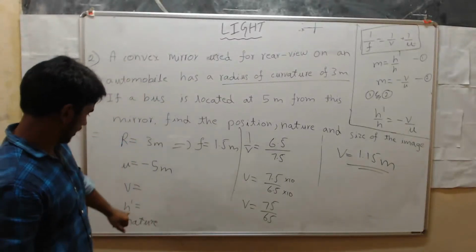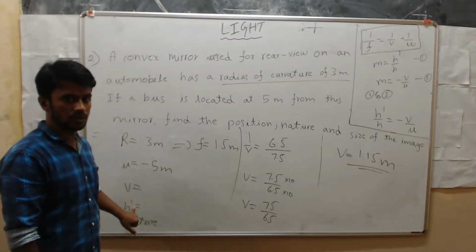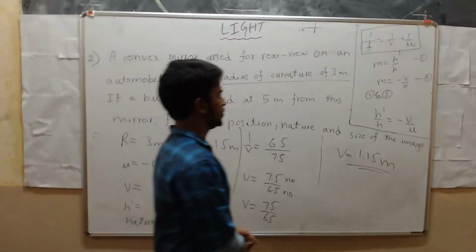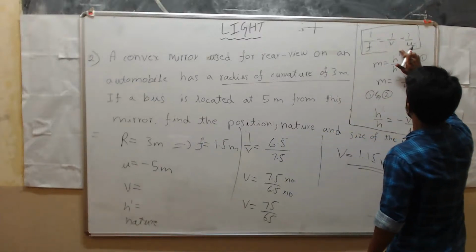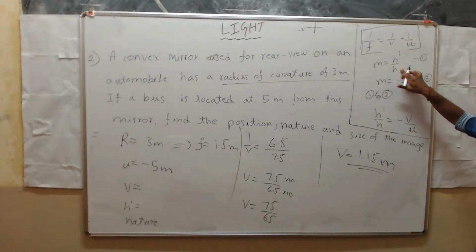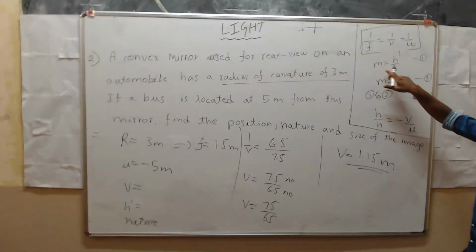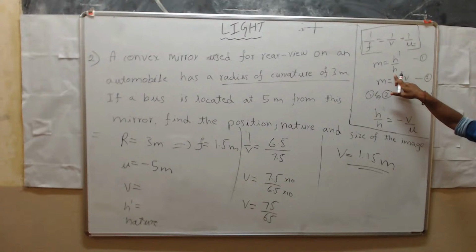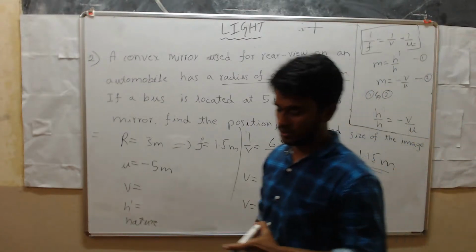Next is to calculate h dash. To calculate h dash, we have this formula: m is equal to h dash by h. If you use this one, you should know the m and h values. But here we don't have the m and h values. How to find out?